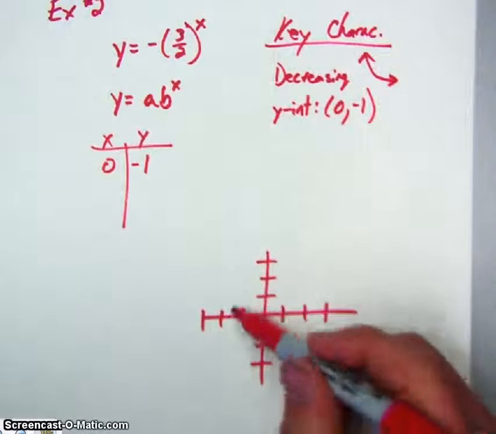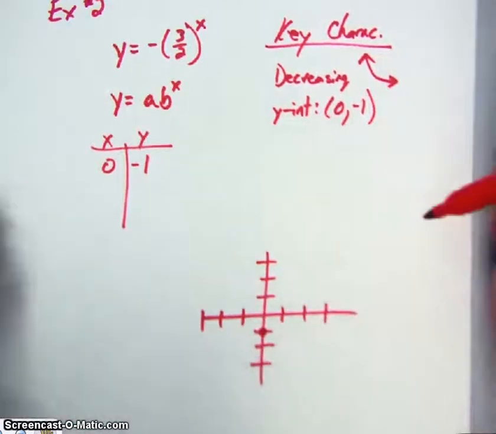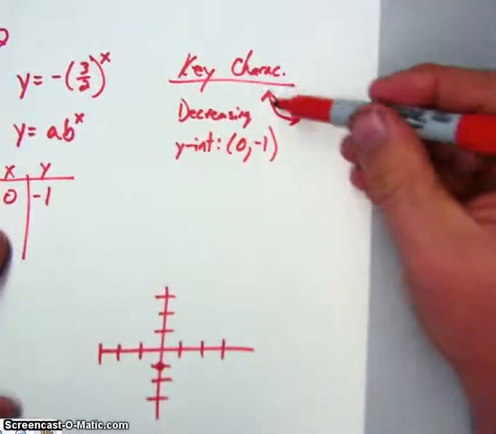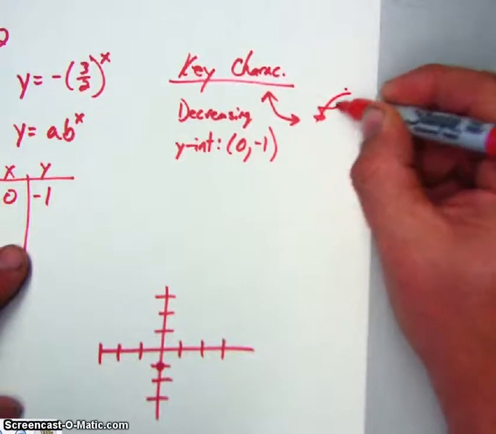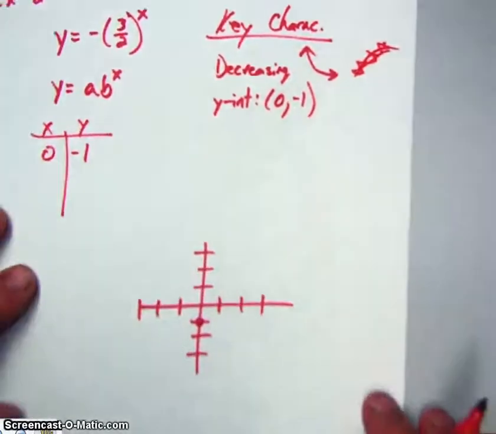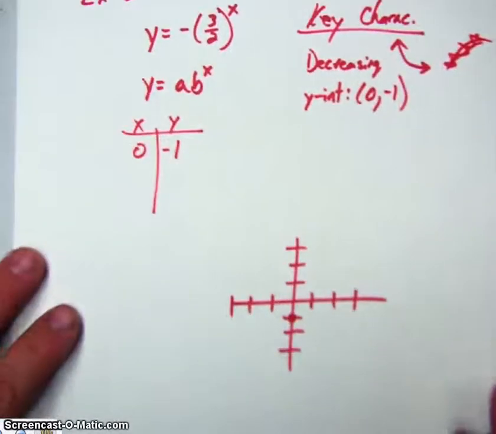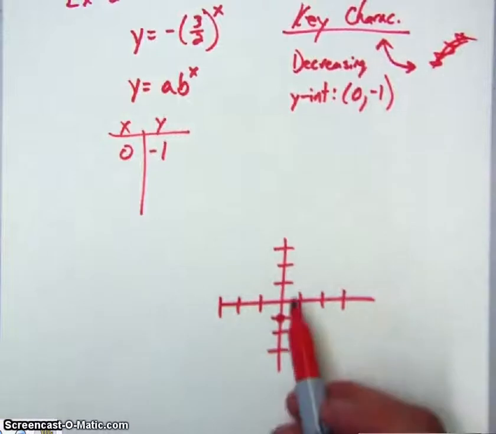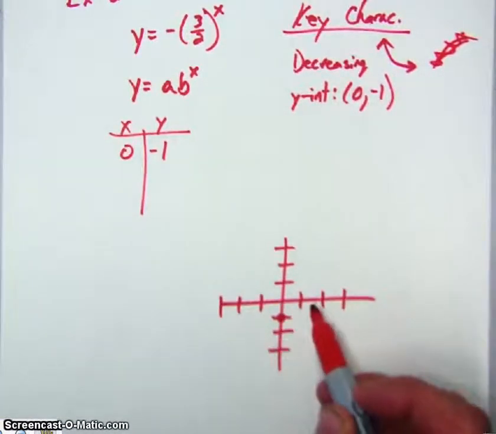Now it's going to look something like that. That is decreasing. Now let's pick a point on this side of the y-axis and this side of the x-axis.